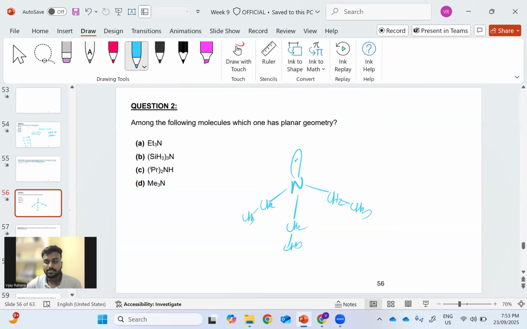Then we have nitrogen with a lone pair, attached to silicon with three hydrogens, and another silicon with three hydrogens.